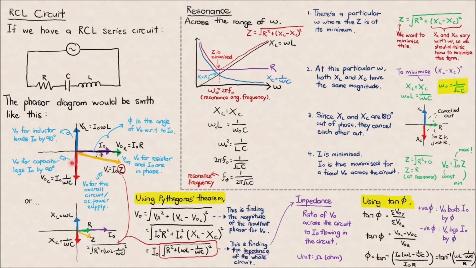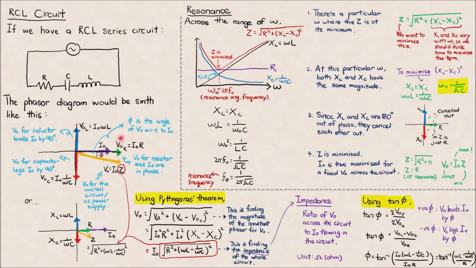Adding this vector pointing downwards together with a vector pointing rightwards, you get this overall resultant vector which is pointing in the 4th quadrant. So basically it's just showing you how to add up all these voltage phasors together.